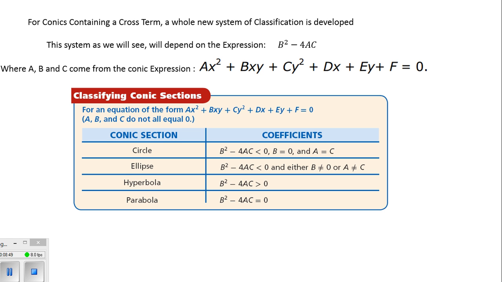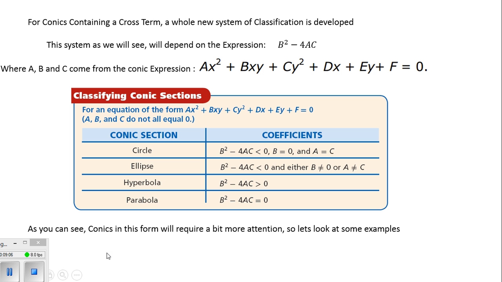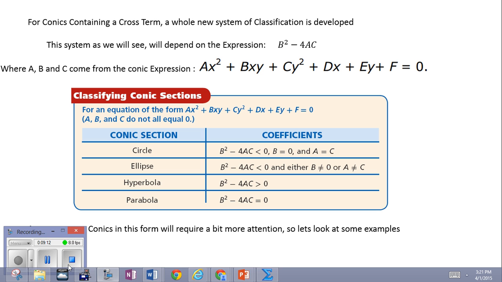If the b squared minus 4ac term is greater than 0, we have a hyperbola. And if b squared minus 4ac is equal to 0, we have a parabola. We'll go through some examples of those in the next slide and in the next video. Okay, we're going to stop this one.